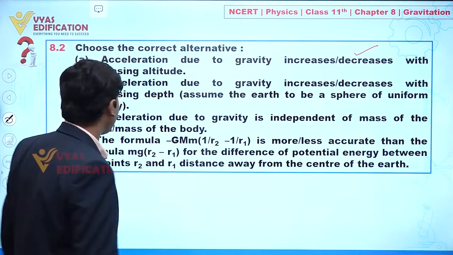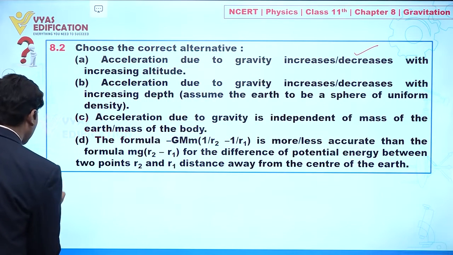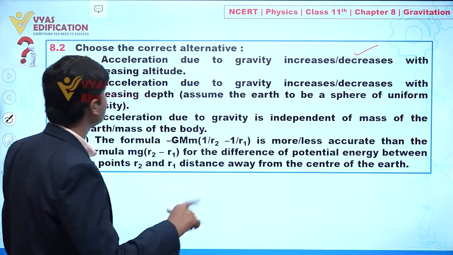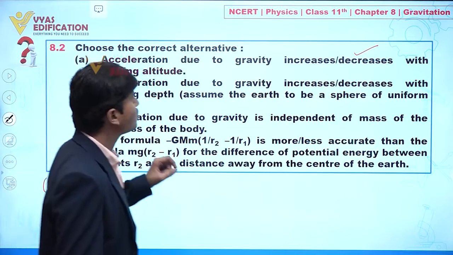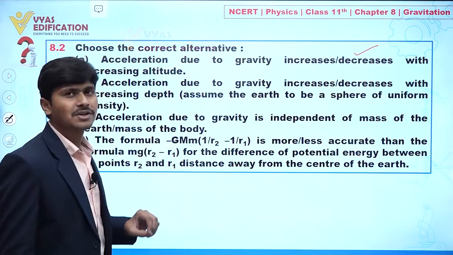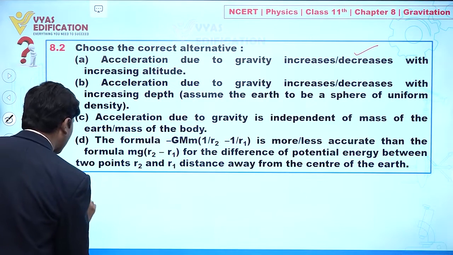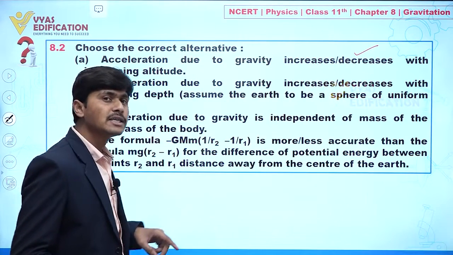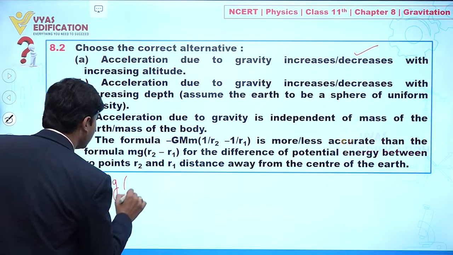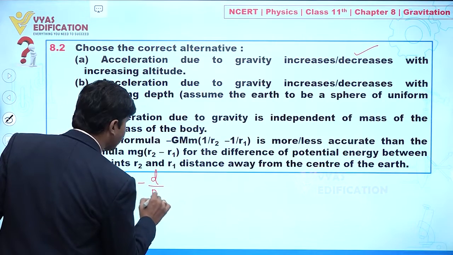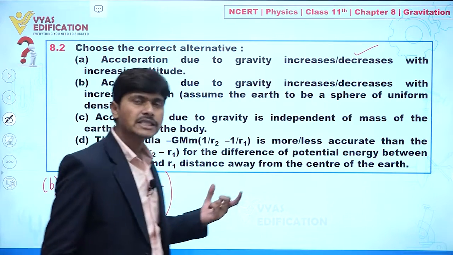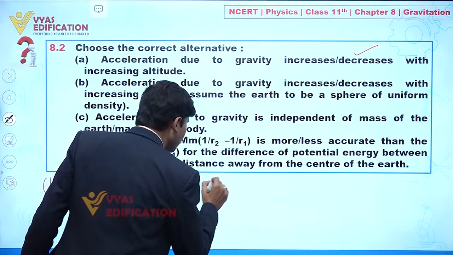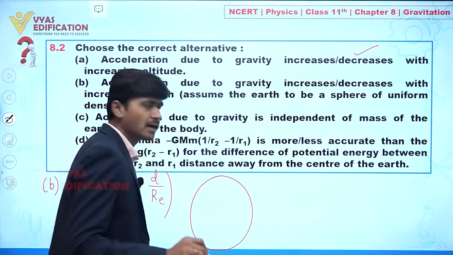Clear to everyone? Now part number B: acceleration due to gravity with increasing depth. You know that acceleration due to gravity at depth d is given by g1 minus d by Re, where we take d from the surface of the earth.